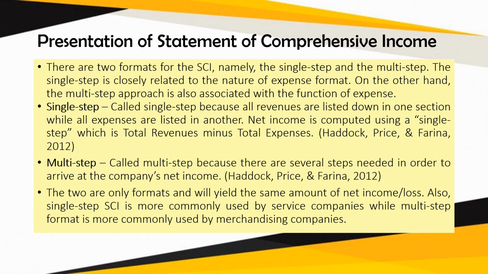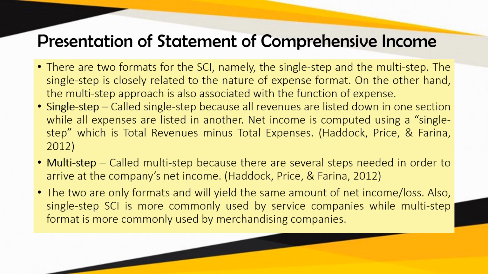Single step is called single step because all revenues are listed down in one section while all expenses are listed in another. Net income is computed using a single step, which is total revenues minus total expense. For the multi-step, it's called multi-step because there are several steps needed in order to arrive at the company's net income. So single step, you just need to deduct the total expenses from the total revenues.